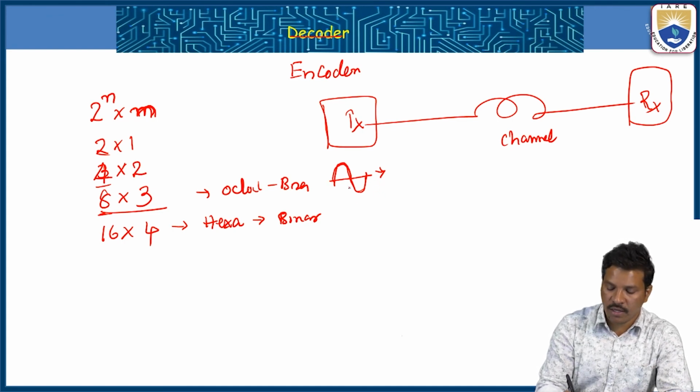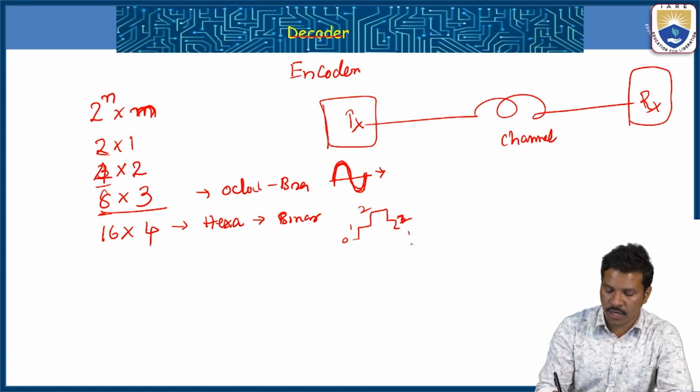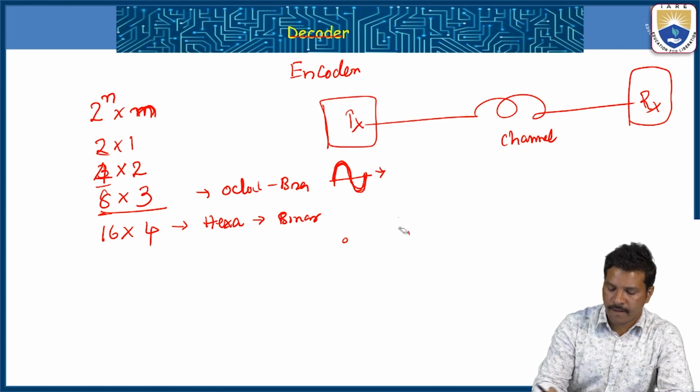In the encoder, all the analog amplitude voltages are discretized into levels like 0, 1, 2, 3. So these are decimal numbers.